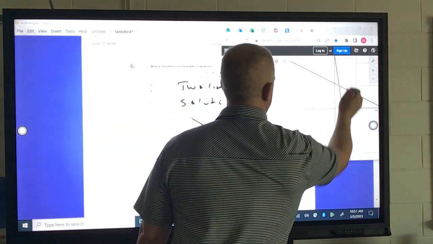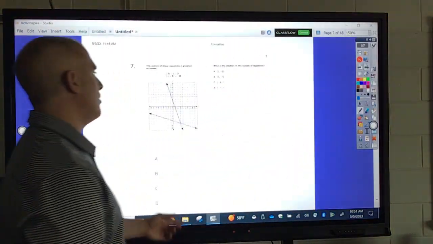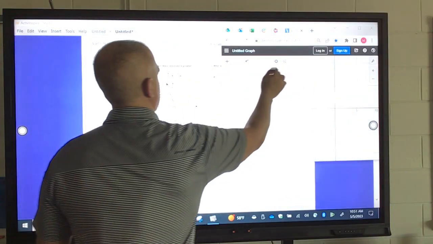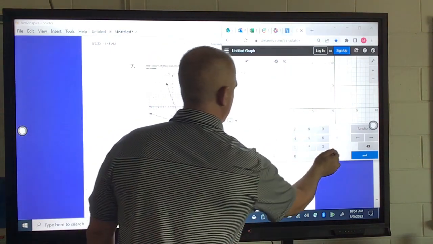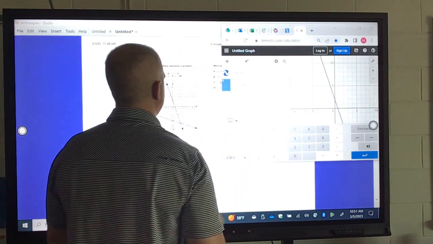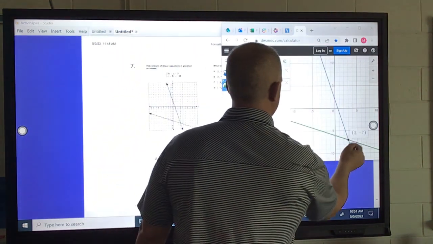Where does it cross? Right there, 1, 5, that's C. This one, you can type that in as well. 3x plus y equals 2. X plus 3y equals -18. And that crosses here, -3, 7.